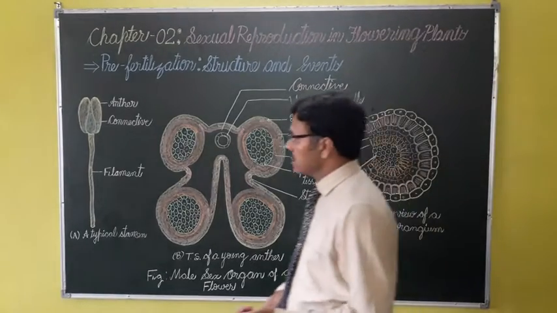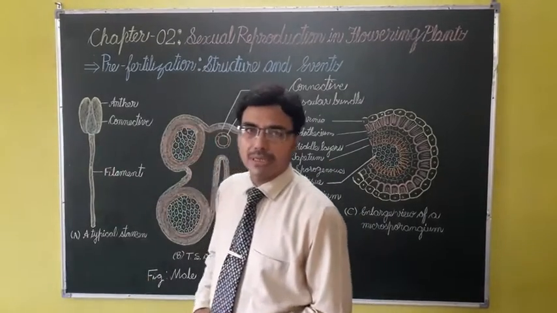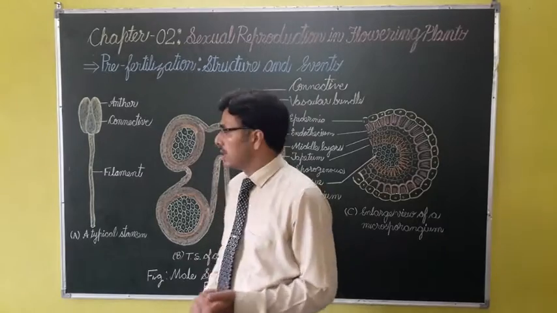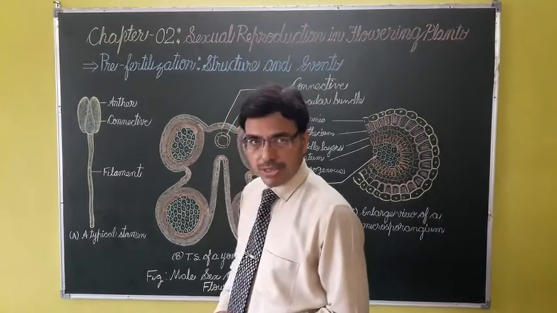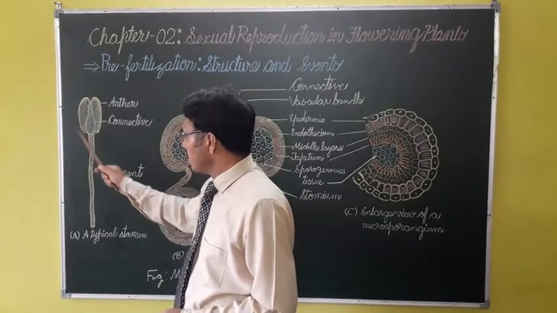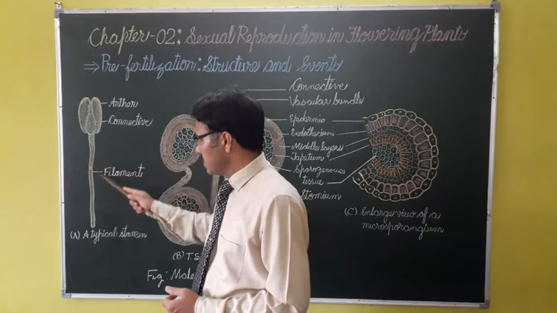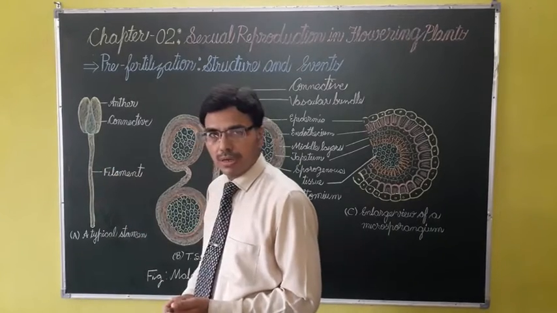So this is an illustration of a typical stamen. In this stamen, dear students, you are observing this globular portion at the top, and this is the filament like structure.